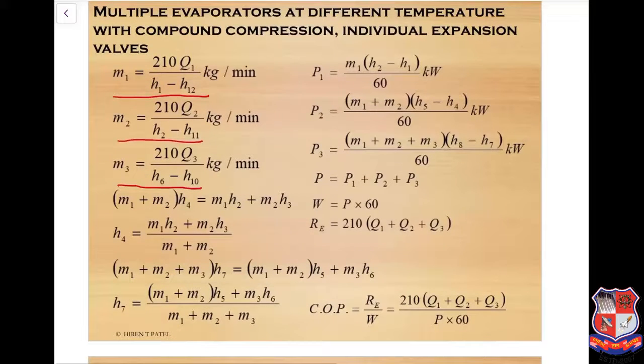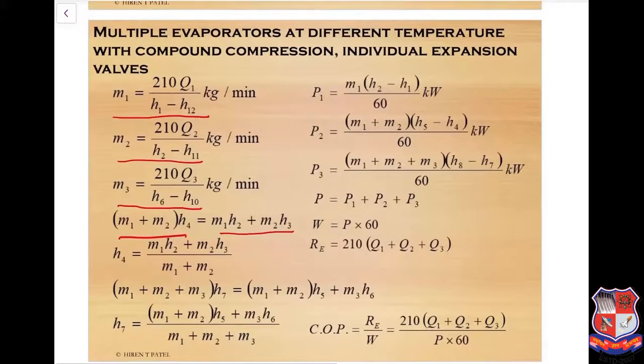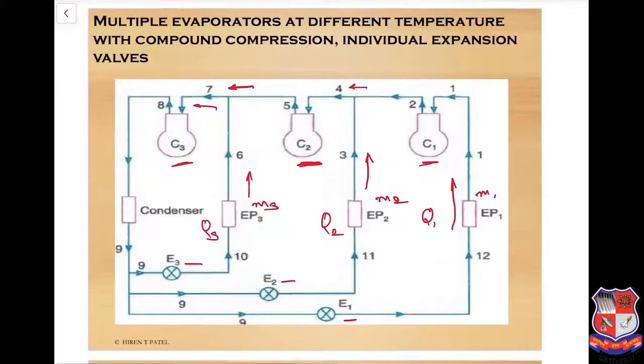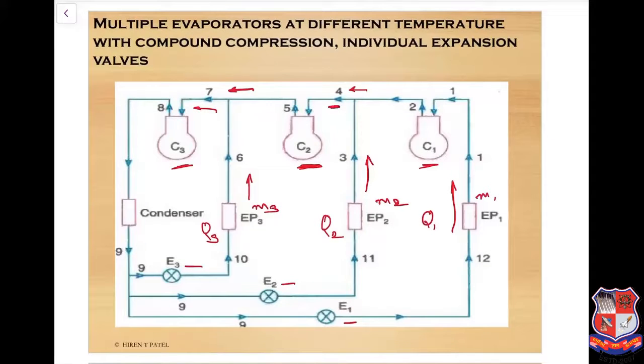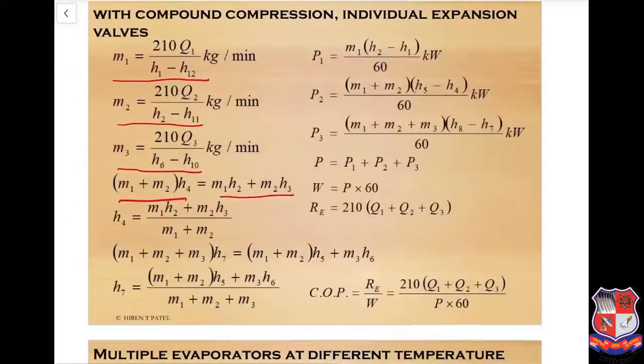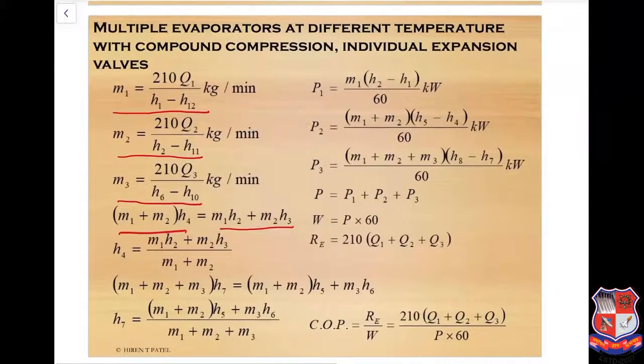If we go for the second evaporator, then M1 plus M2 into H4 is equal to M1 H2 plus M2 H3. So if we apply the heat balance at the second compressor inlet, point 4, then we have H4 by this equation, that is equal to M1H2 plus M2H3 divided by M1 plus M2.